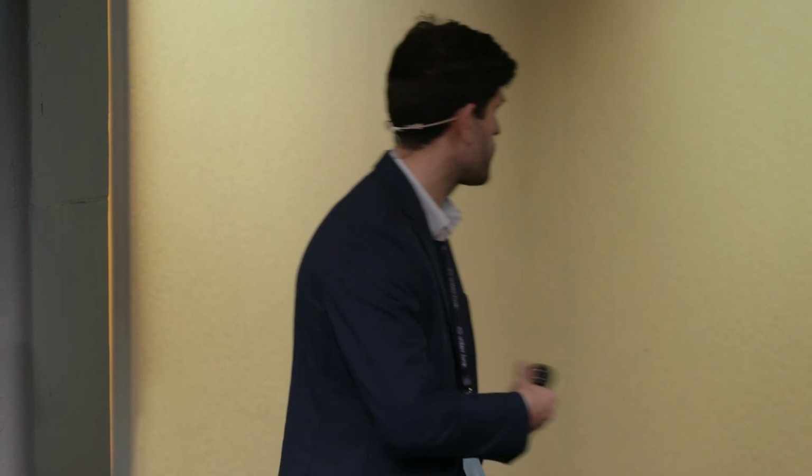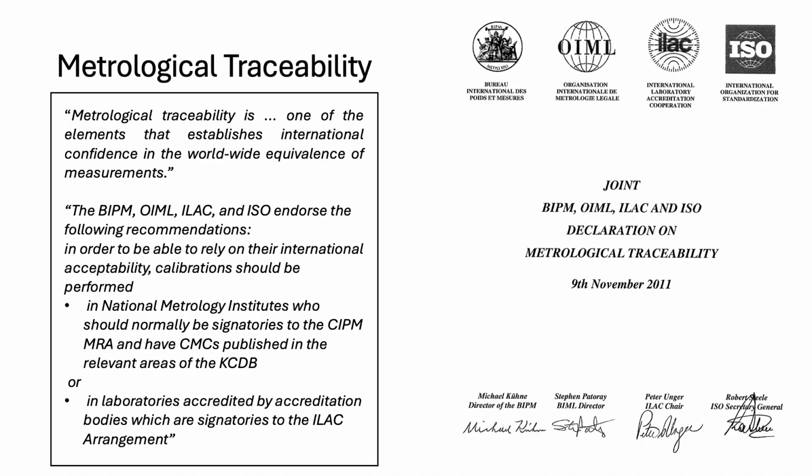We call it metrological traceability. There is a joint statement from these four organizations, the BIPM, OIML, ILAC, and ISO. You may know some of them. They say that metrological traceability is one of the elements that establish international confidence in the worldwide equivalence of measurements.